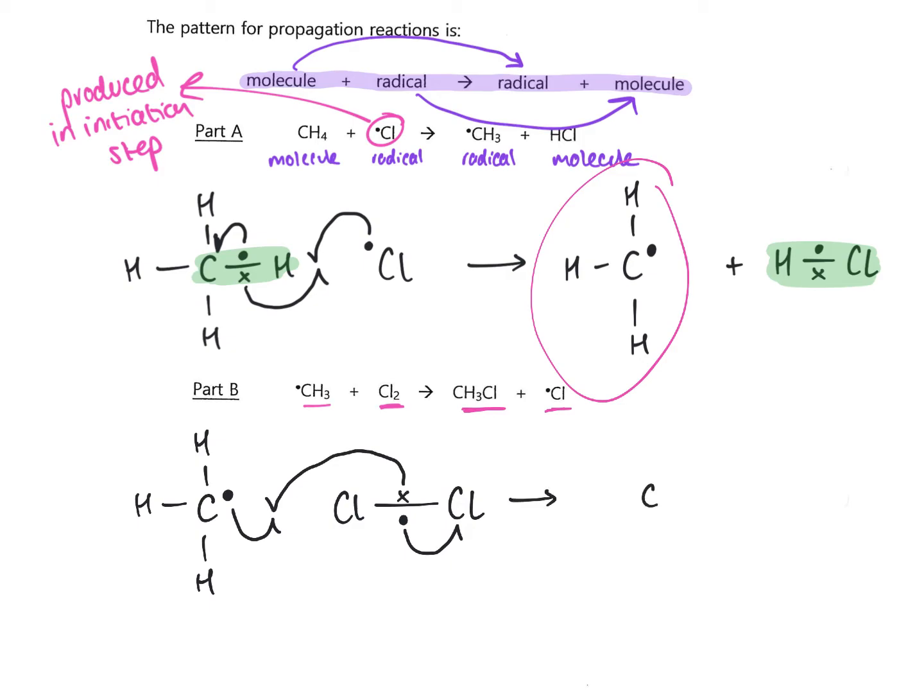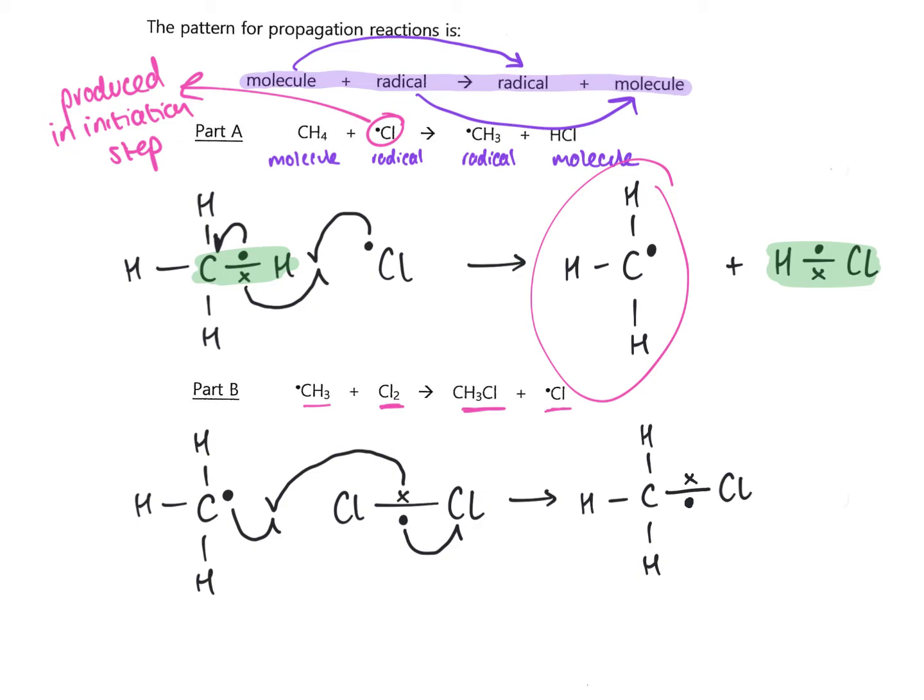So what do we produce then? Well, we've got our methyl part, and then we've now formed a bond with one of our chlorine atoms. And then we need to show how that bond has formed. Remember, a covalent bond is a shared pair of electrons, and where that has come from is from the unpaired electron of our methyl radical and one of the electrons of our original chlorine-chlorine bond.